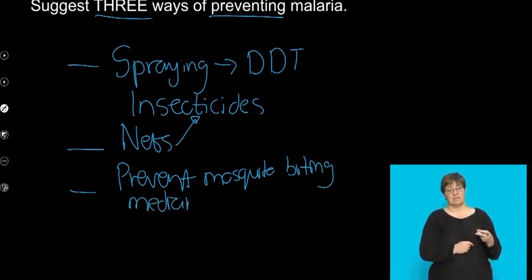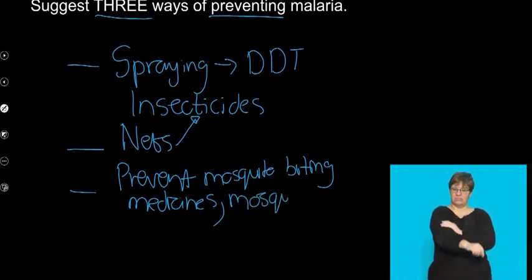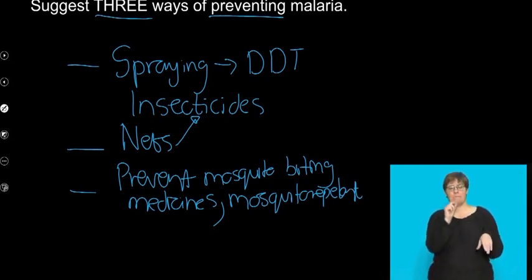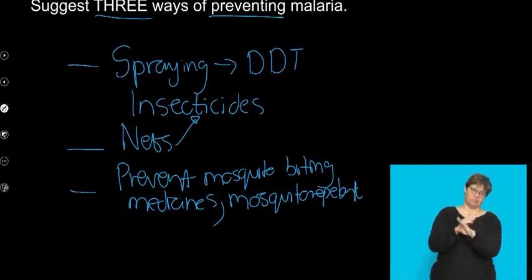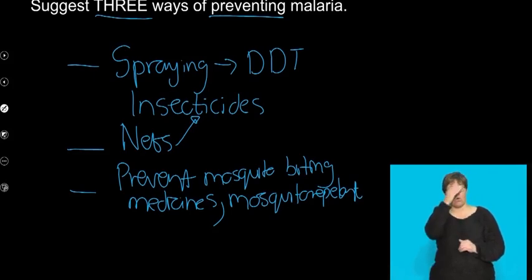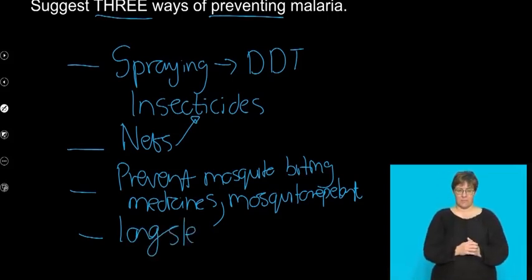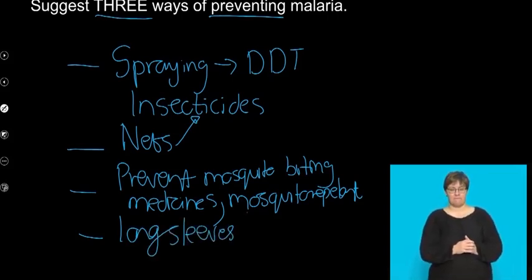If it does bite, we can use mosquito repellent, anything to get the mosquito away. So when we're looking at the concept here, what else could we use? We could have long sleeve clothes, long sleeves, or we can wear long pants.